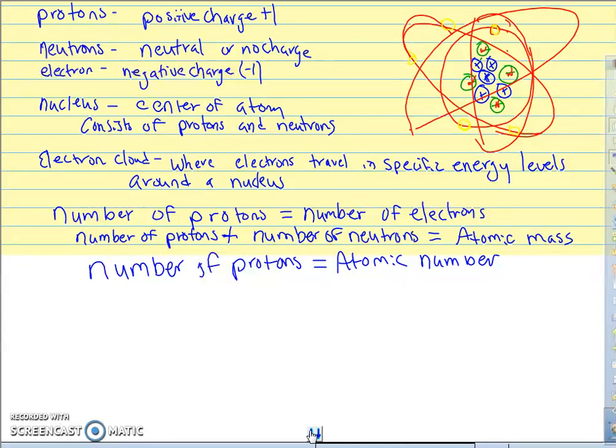So one last thing about elements today. Elements are abbreviated on the periodic table, right?